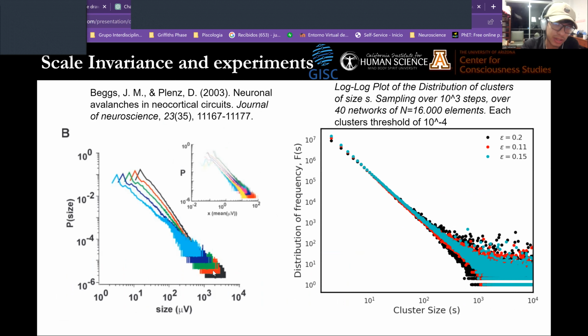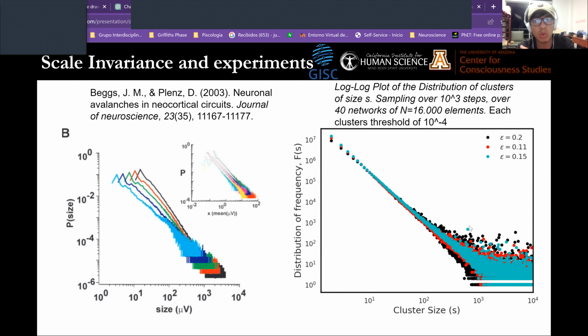So we proved it from our model, considering 16,000 neurons over 100 steps, and 40 different networks with different initial conditions. As you can see, it follows the scale invariance.